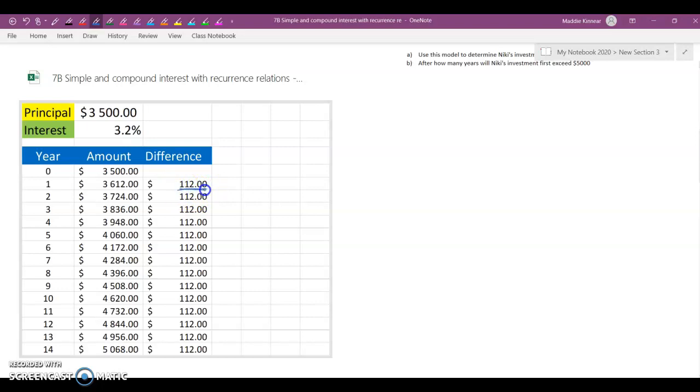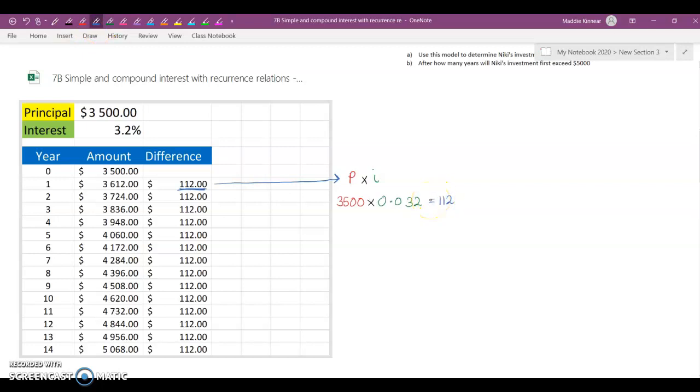So this number here is calculated by doing your principal times your interest rate I. And in our case, that means that we have $3,500 times our interest rate, which when we convert it into decimal form is 0.032. And that will actually give you that $112.